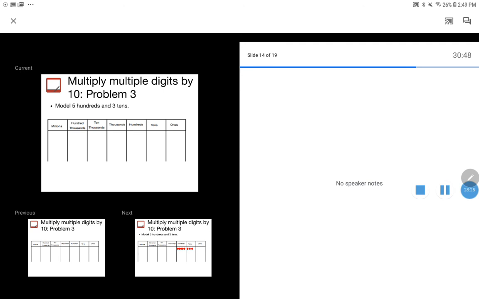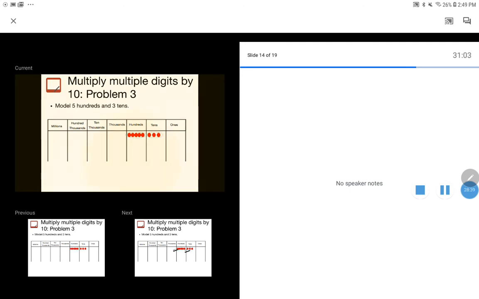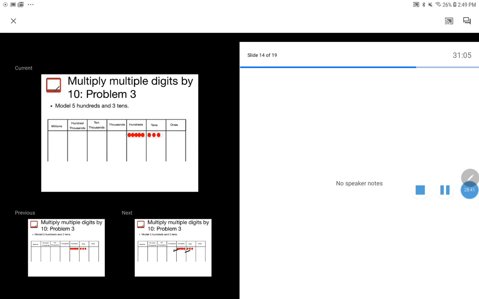You can use dots or numbers. And I want you to show me what happens when you multiply that by 10.